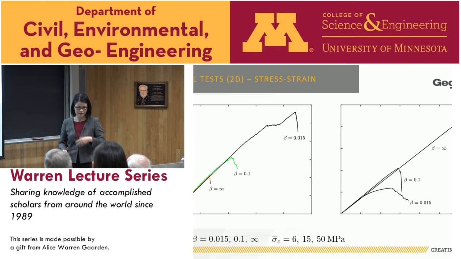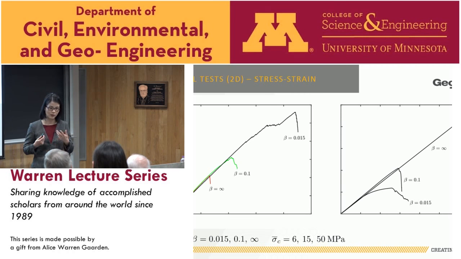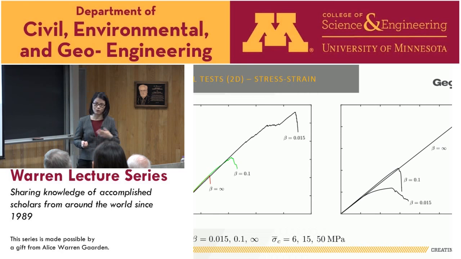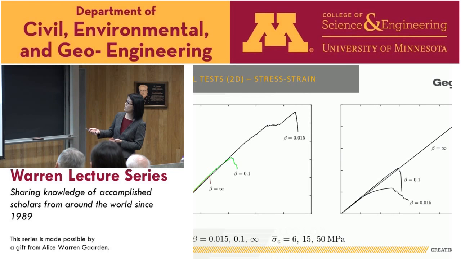So my thinking, to begin with, was that if the bond strength increases, then the strength would go together with the bond strength, it would increase as well. Well, that is true for the uniaxial tensile strength. The peak actually increases with the bond strength. So the bond strength increases from 6, 15, 50, and that increases as the beta increases.